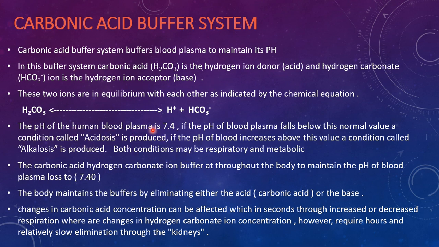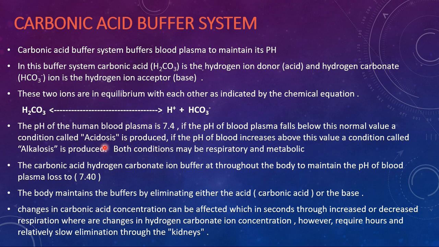The pH of human blood plasma is 7.4, as I told you. If the pH of the blood plasma falls below 7.4, that is acidic conditions, it leads to a condition called acidosis. If the pH of the blood increases above 7.4, the condition is alkalosis. Both conditions may be respiratory or metabolic disorders.